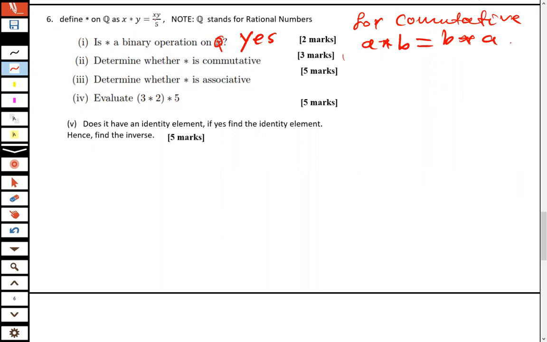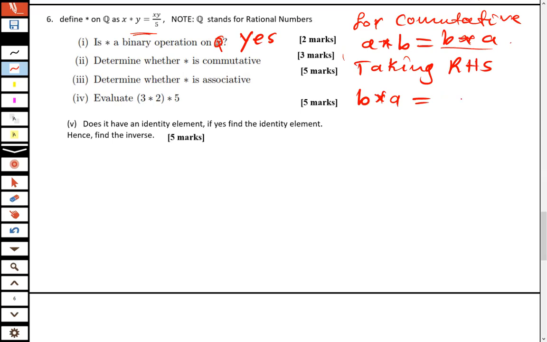So we find a star b using this expression. Taking the right hand side, we find b star a, which is equal to, using this expression, while there's x we put b, while there's y we put a.